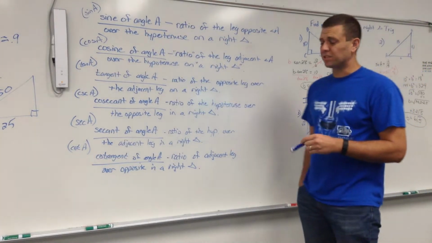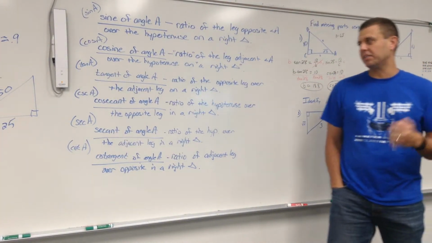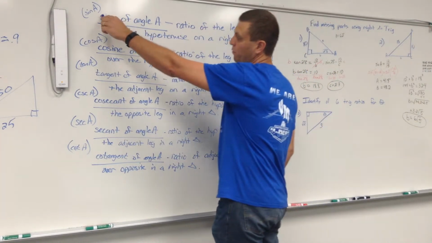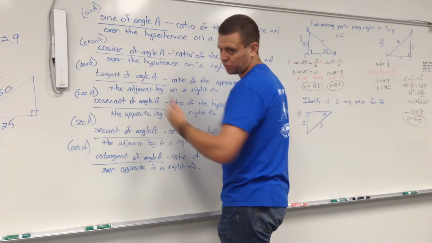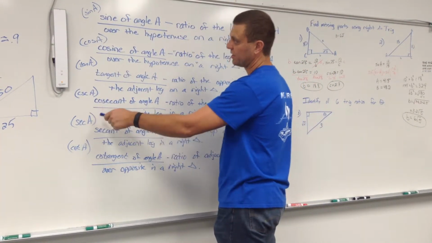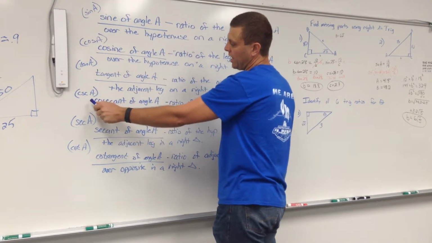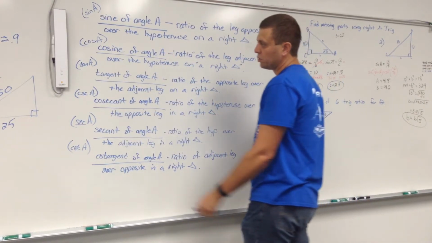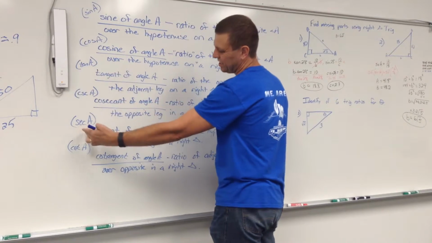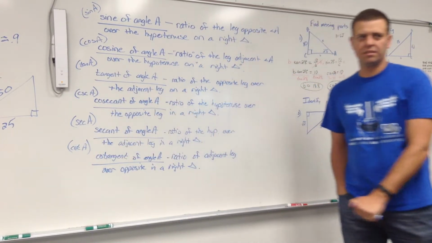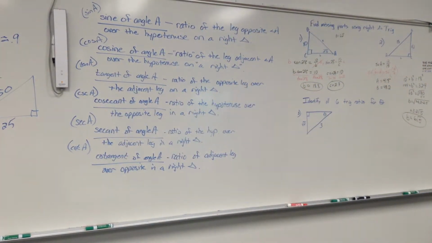The other two people sometimes have a tendency to goof up, because the reciprocal of sine, unfortunately, is not the one that starts with the S. It is cosecant. The reciprocal of sine is cosecant. The reciprocal of cosine is secant. So those three are probably new for you.